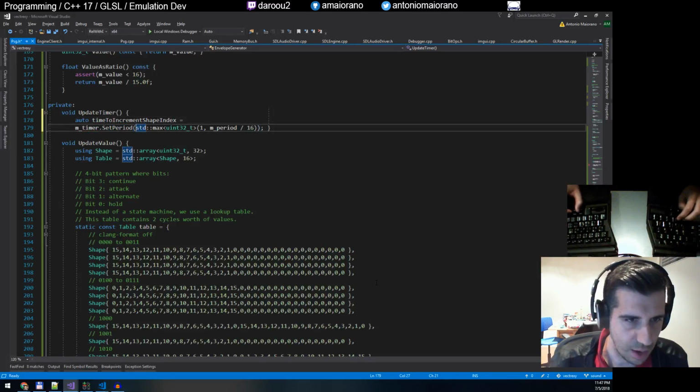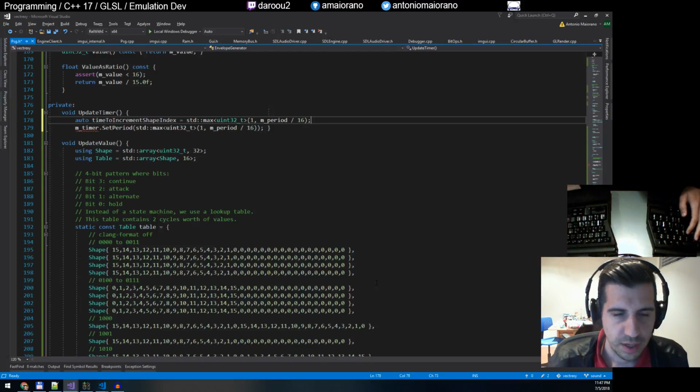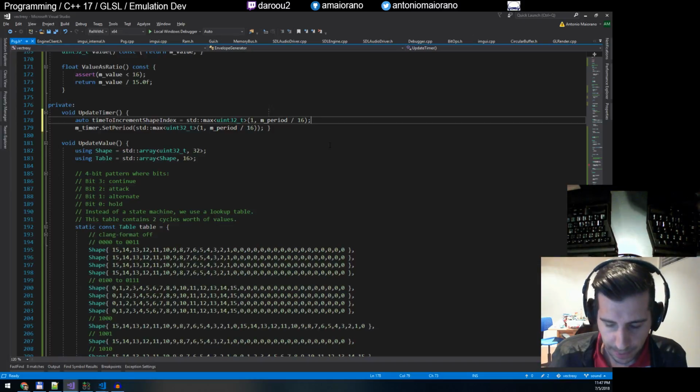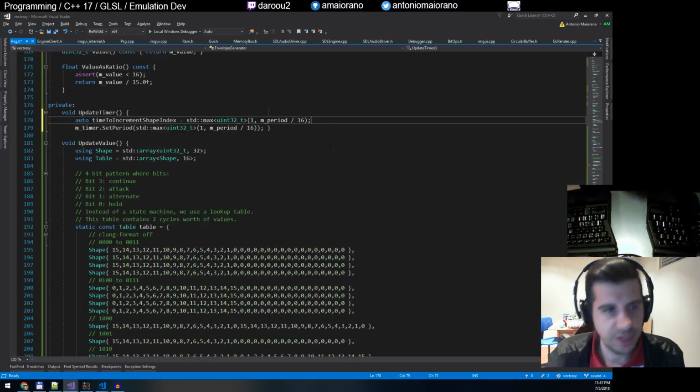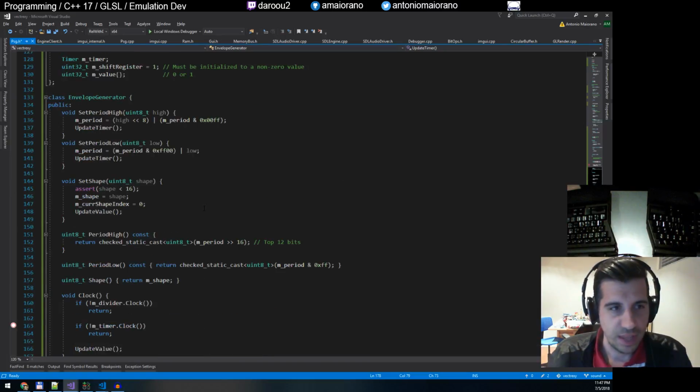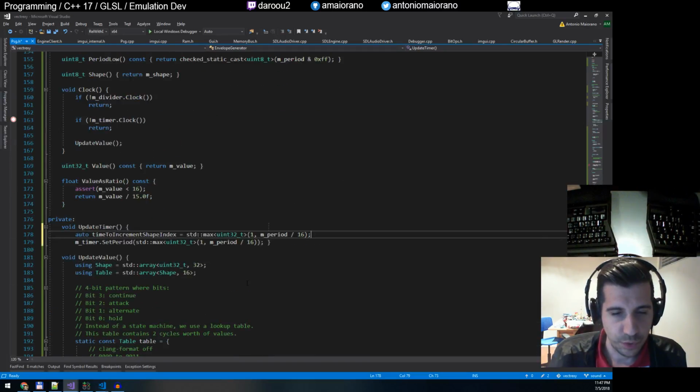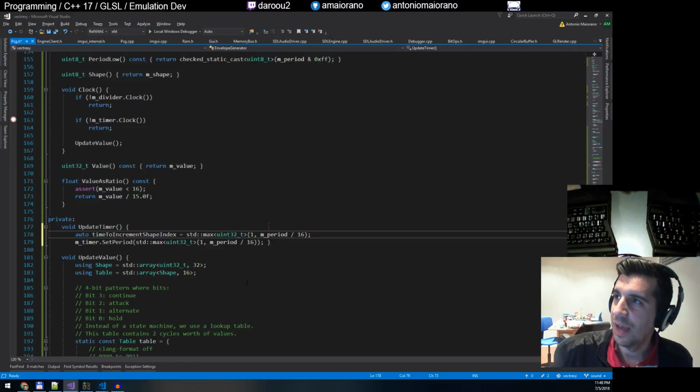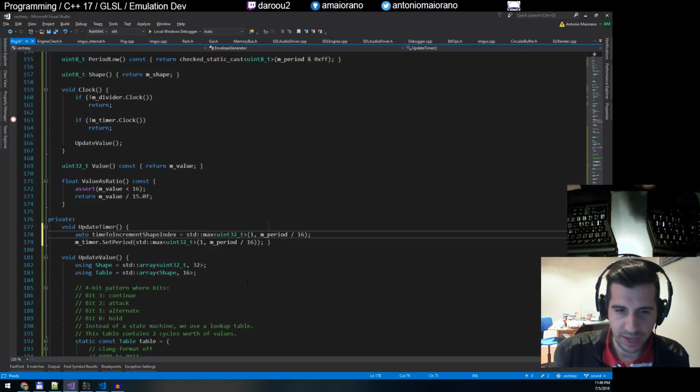Basically, I want the time to increment the shape index to be the period value that we've passed in, which is the 16-bit value, right? So let's say we give it a period of 200. What we want is that in those 200 cycles of the envelope generator, which happens at every 256 CPU cycles, we get one of these clocks.